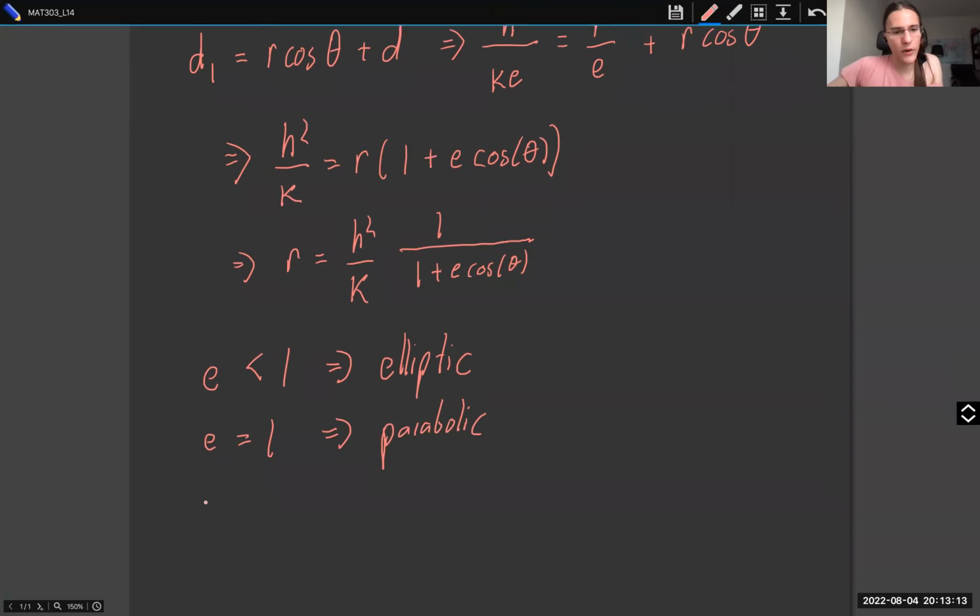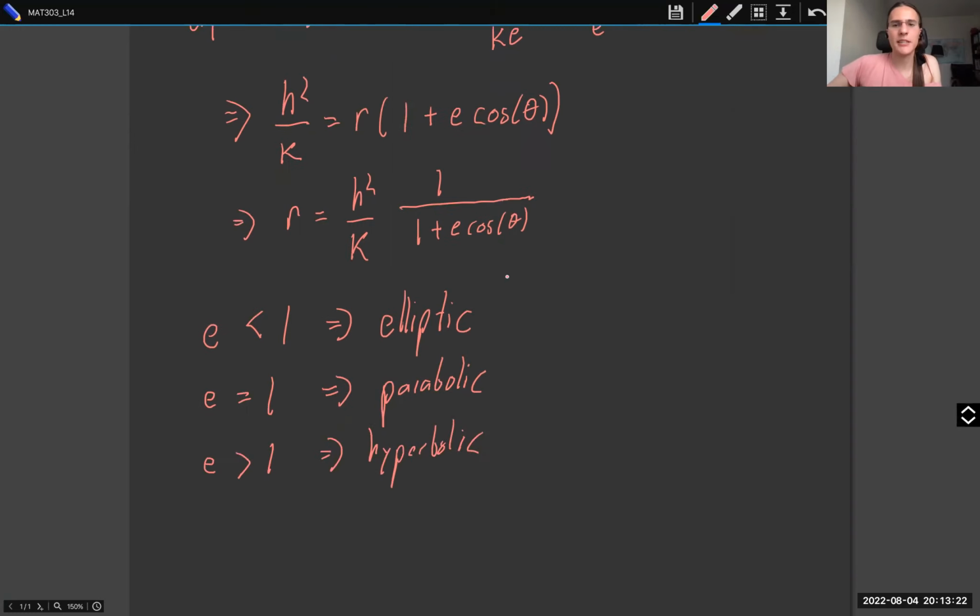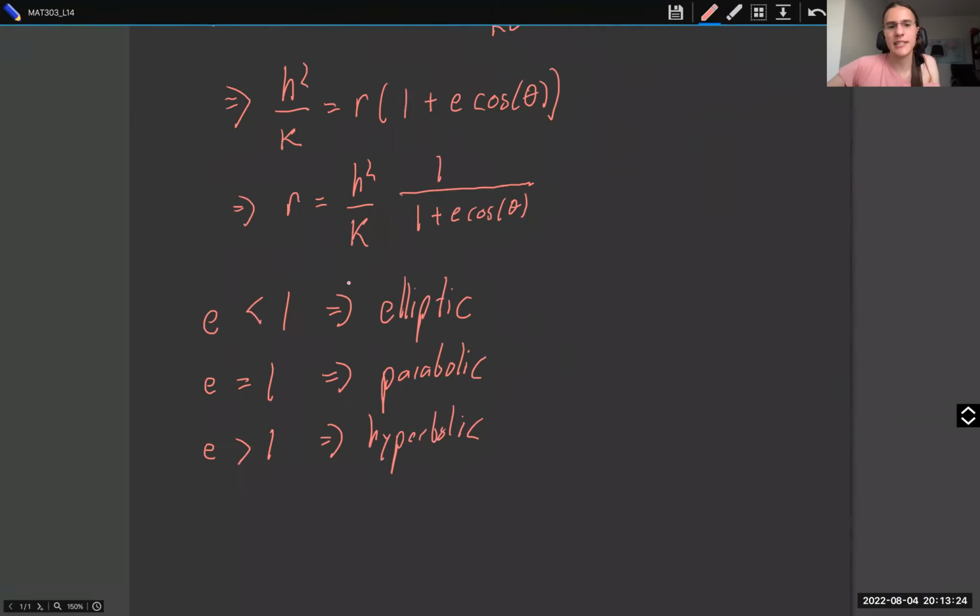And E is greater than 1 implies hyperbolic. And the degenerate case, E is equal to 0, is the case of a circle.